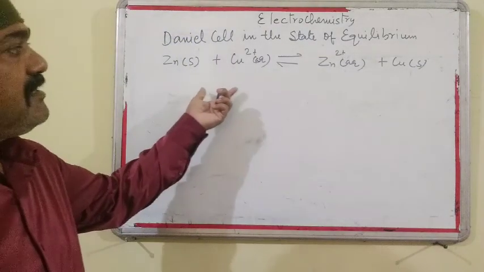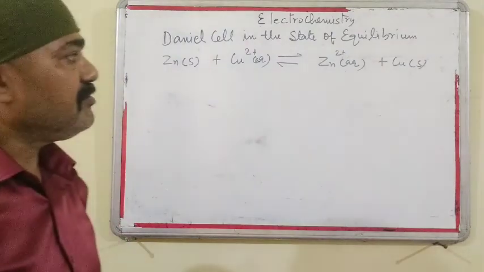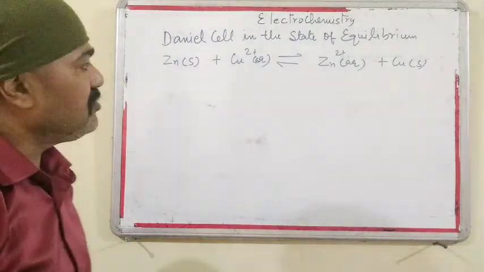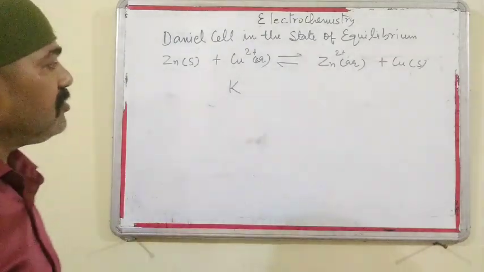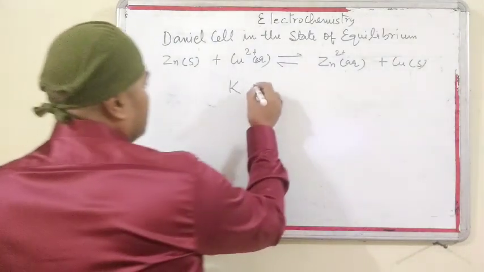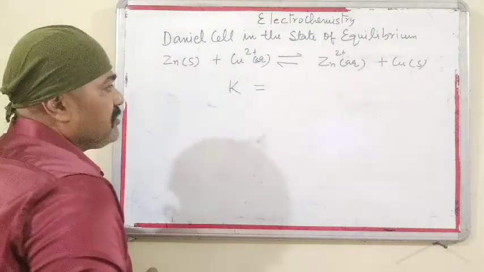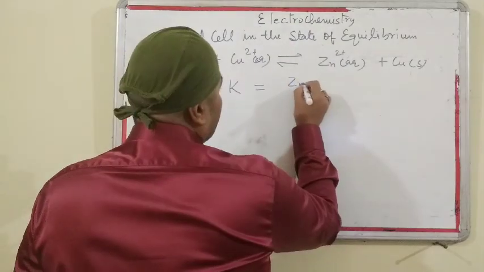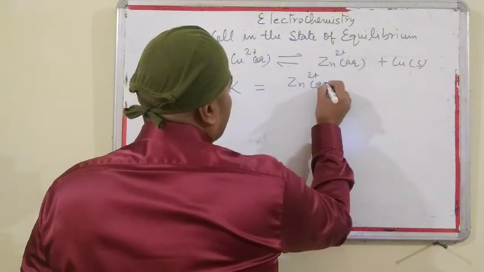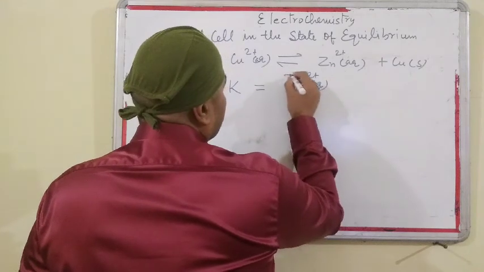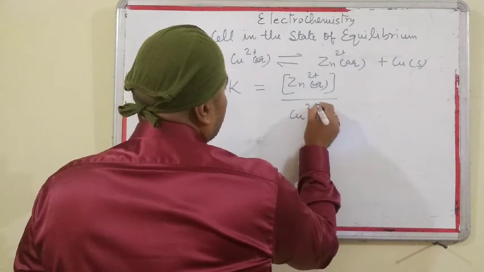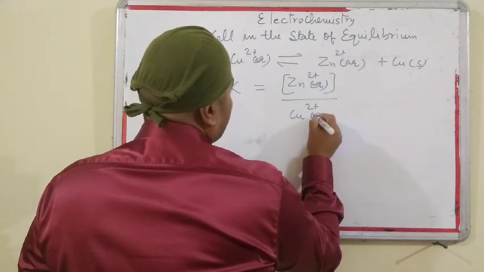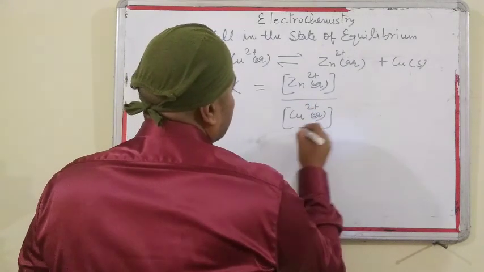If this reaction is in the state of equilibrium, we can write the value of the equilibrium constant K by the law of mass action, that is like this: K equals the concentration of zinc ions divided by the molar concentration of the copper ions. Is it clear?